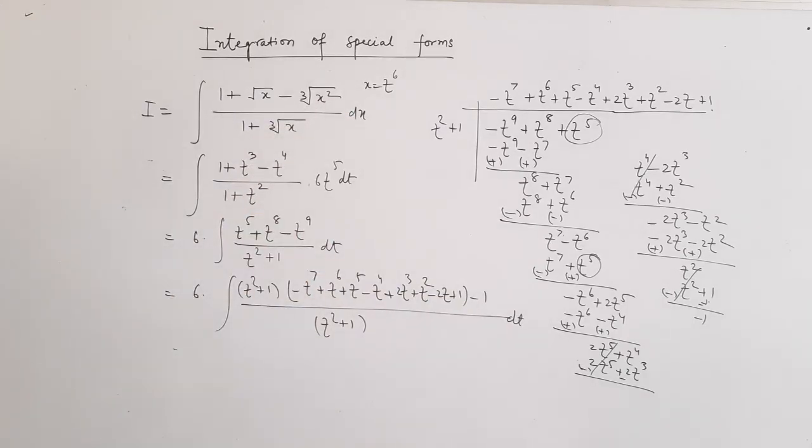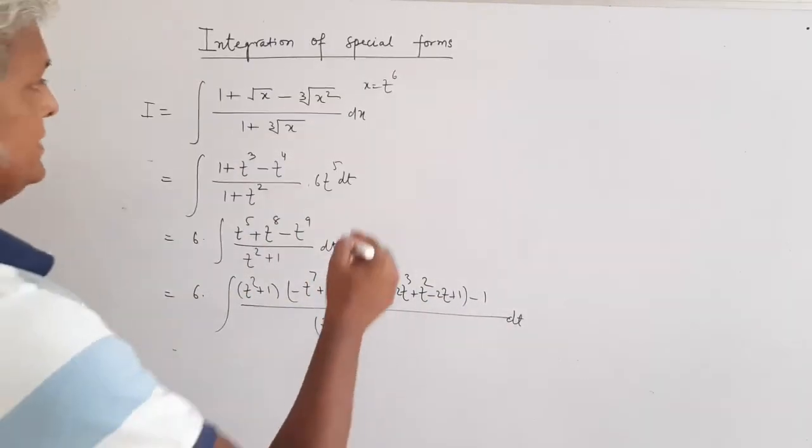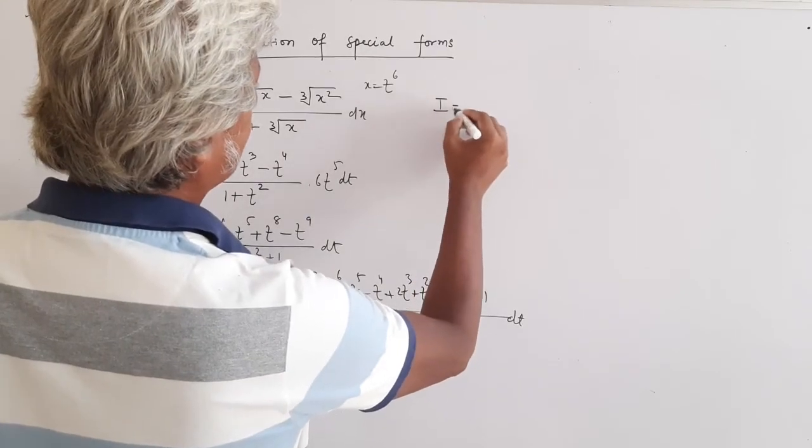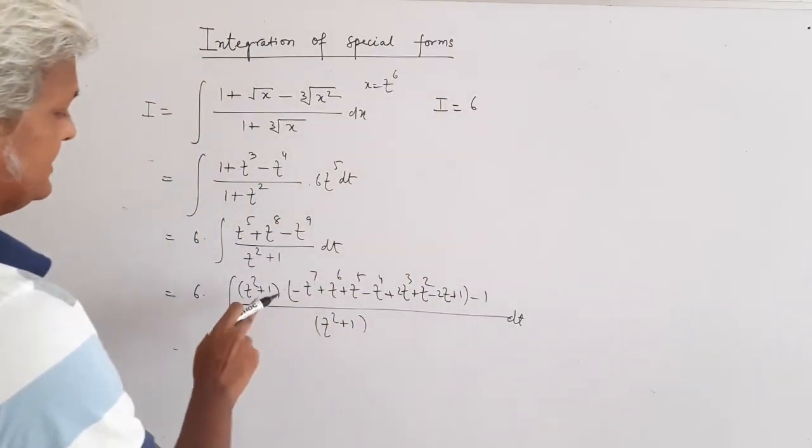So I want to clear that part of screen. So my I will become 6 times this and this cancel.